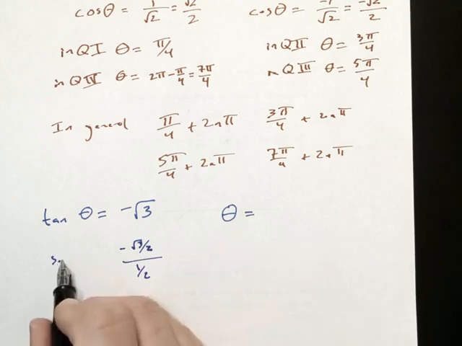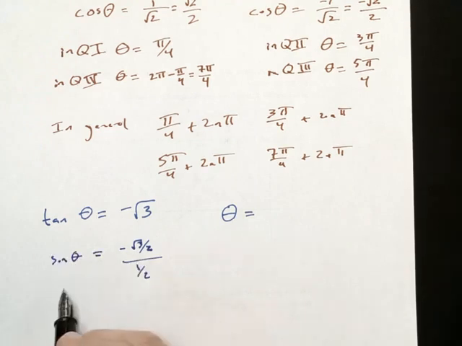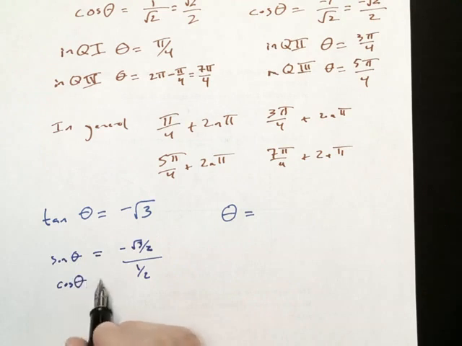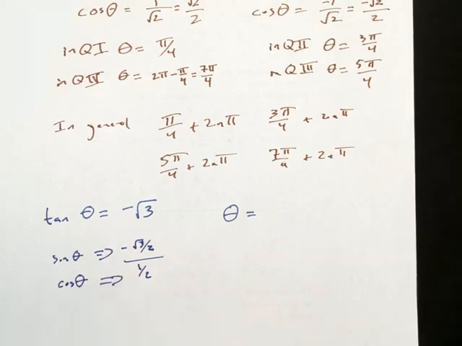And then I could say, oh, well, sine of theta is going to be root 3 over 2. Cosine of theta has got to be the 1/2. What angle does that? I was going to say, it's got to be one of those. That's all the options we have from our table.